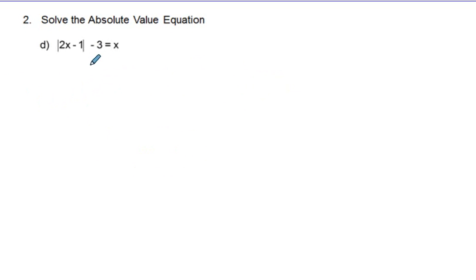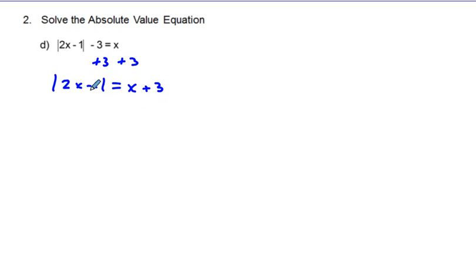Okay, next, D. For this one, we have absolute value of quantity 2x minus 1 minus 3 equals x. What I recommend for these is isolate your absolute value bracket by adding 3 to both sides. And so what we have is absolute value of quantity 2x minus 1 is equal to x plus 3. And so now we can rewrite this.